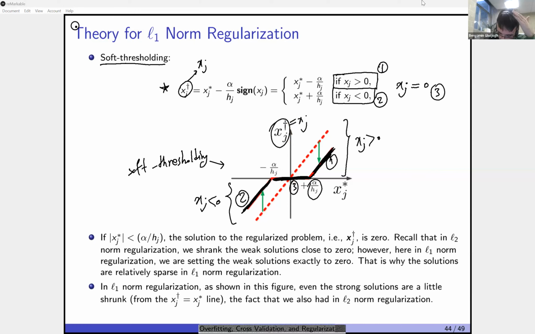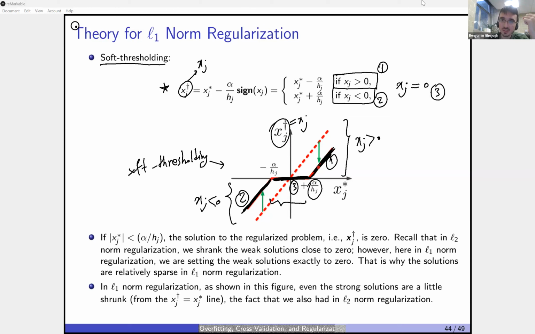And as you see, interestingly, for the region between minus alpha over hj and plus alpha over hj for xj star, it's setting xj to be completely 0. For the rest, it's making it small.